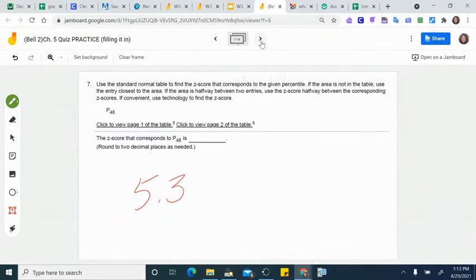All right, let's look at number 7. Use a standard normal table, or we can use Desmos to find the z-score that corresponds to the given percentile. So again, they're giving us a percentile and they're asking us for a z-score this time. So if we're going to use Google Sheets, then since it says z-score, the mean is 0 and the standard deviation is 1.